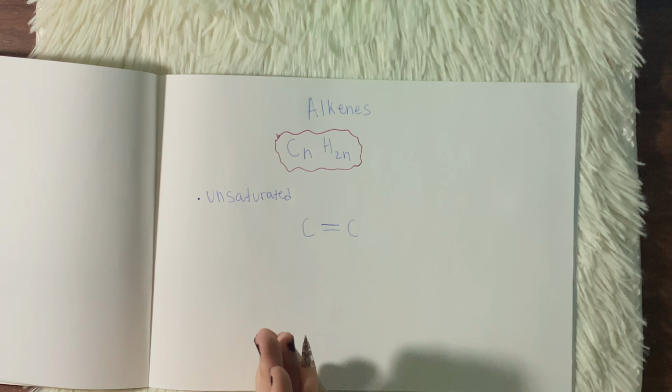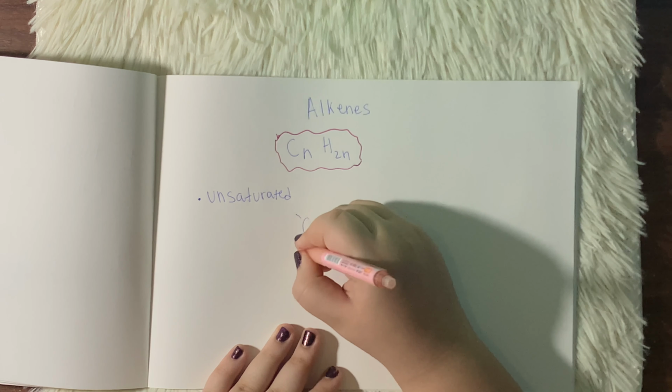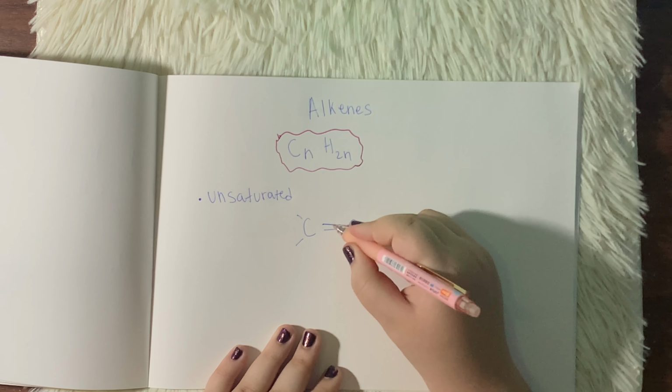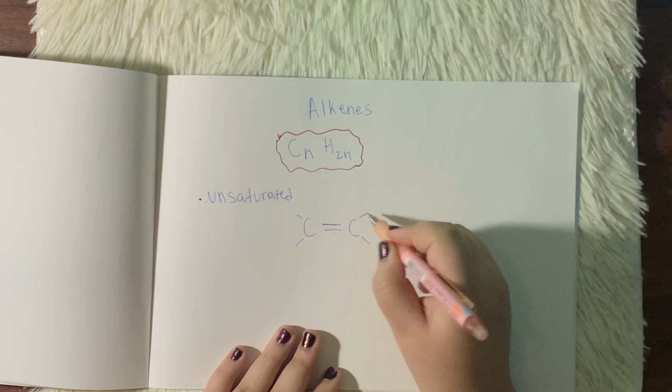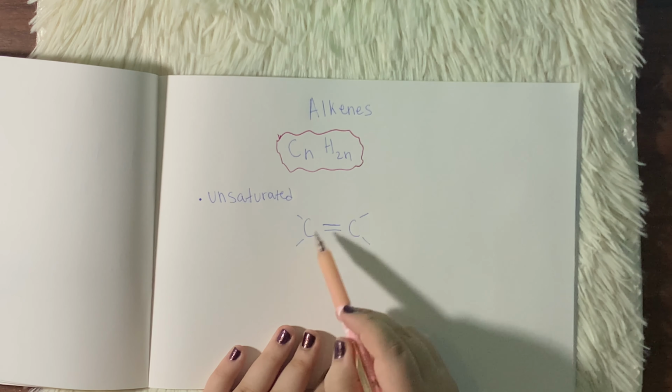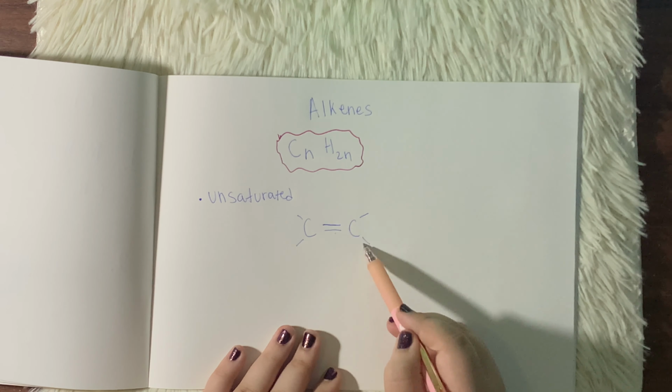So now we know that each carbon atom has 4 bonds, and it already has 2 bonds. So 4 minus 2 is 2. So we know that it only can have 2 more bonds. And same here, 1, 2, 3, 4. And we basically write it on the side instead of straight. So there's 4 bonds between each carbon atom in an alkene.